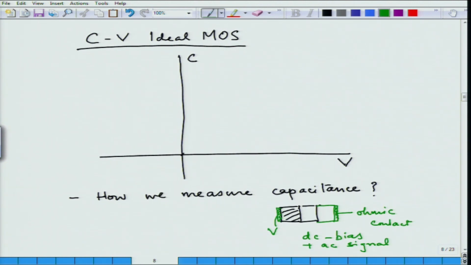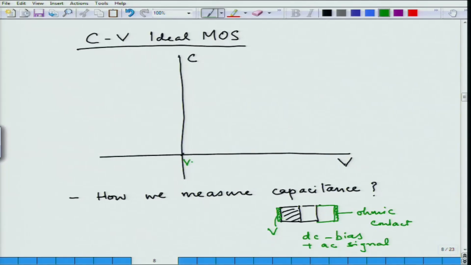So, even when there is flat band condition and there is no charge in the device, when we apply this small AC signal, I am going to measure a capacitance, which is going to be the fluctuations when the AC signal is applied, and that fluctuation is going to give, at V equal to 0, which was the flat band condition, the capacitance of the oxide.